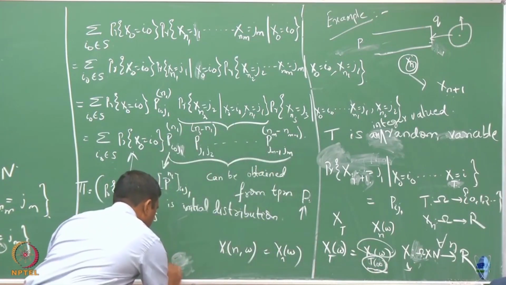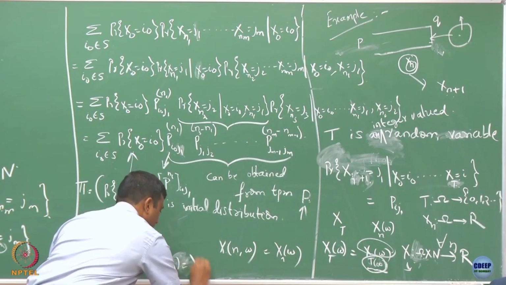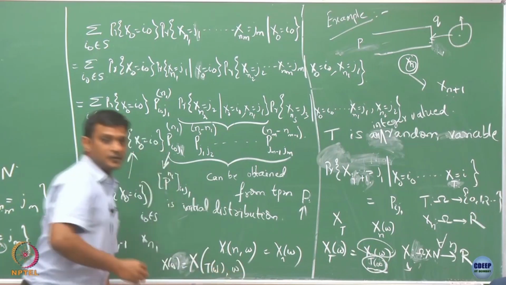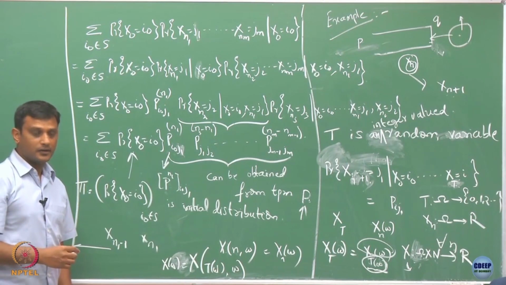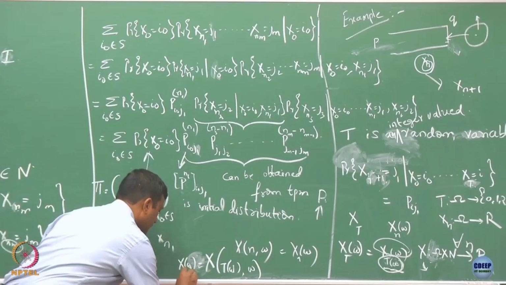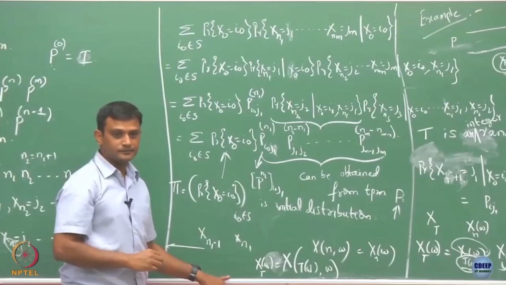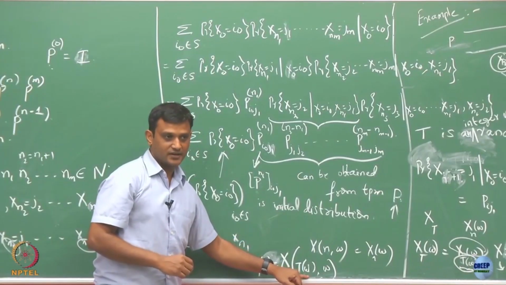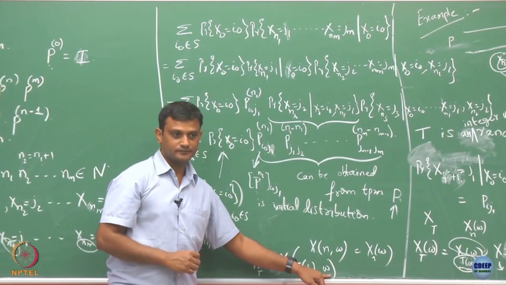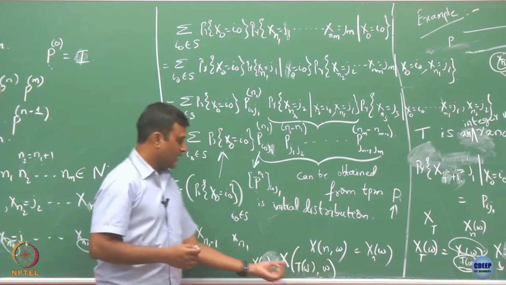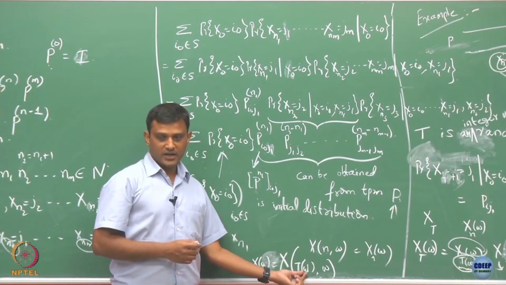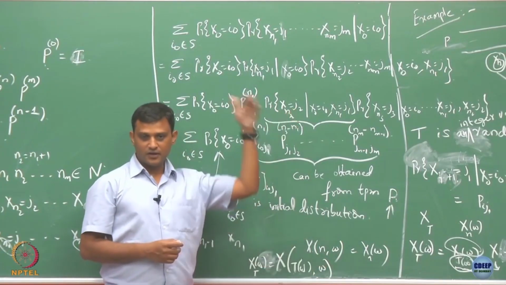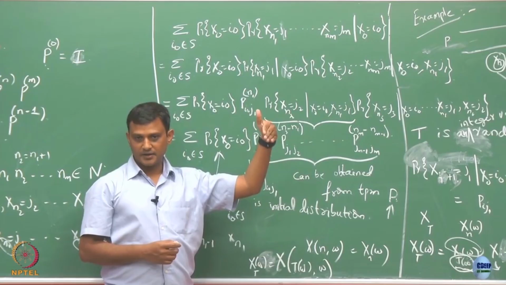So, X of T can be thought of as X of T of omega and omega. This is going to tell you what index we will be looking at and what the value is. For example, when I say stock, T is defining, on a particular stock omega, let us say you have defined when it exceeds value 500.